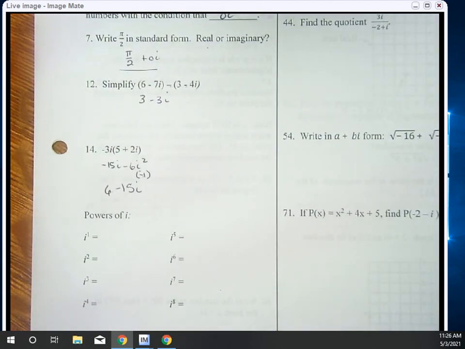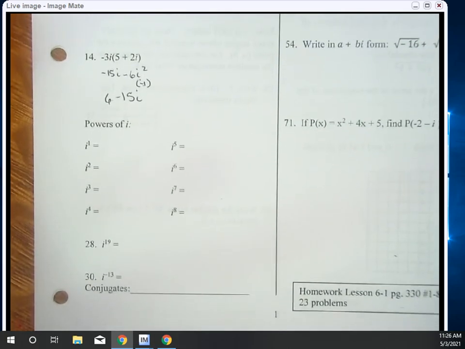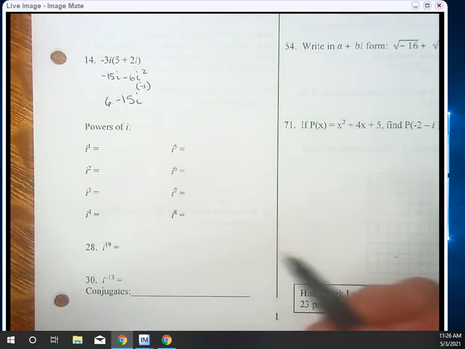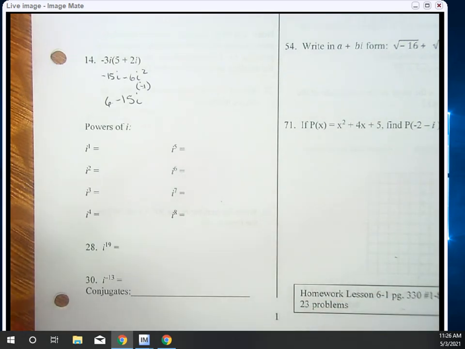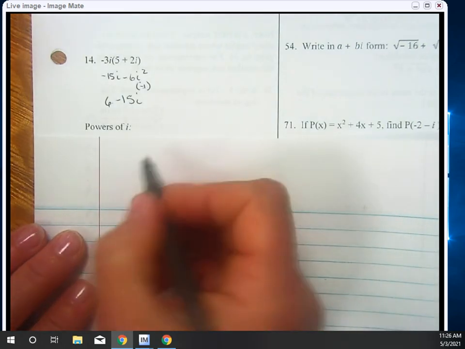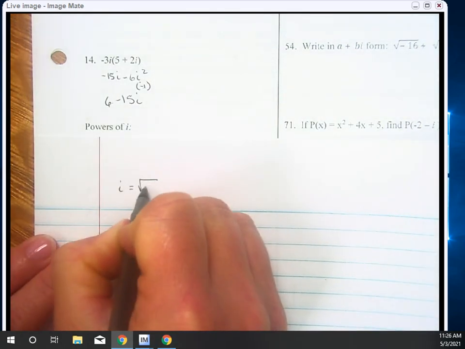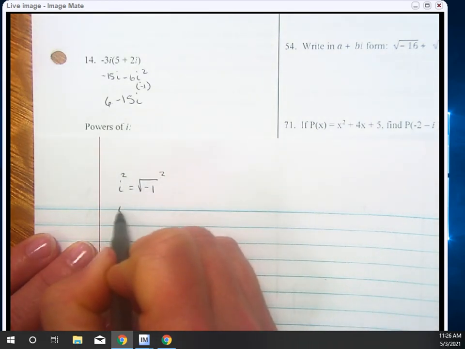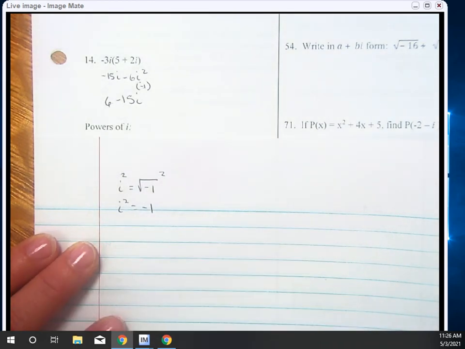When we're talking about powers of i, we start with our equation, i squared equals negative 1. Let's just run through these real quick. We have the equation i is equal to the square root of negative 1. If I squared both sides, i squared equals negative 1.